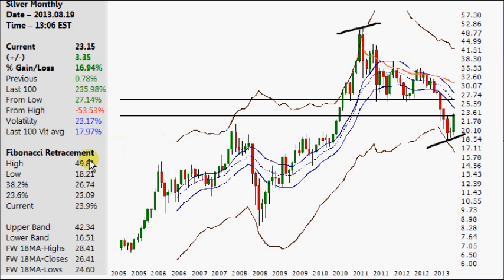I divide 4981 by 1821, which is well over 2, but under 3. And then I put that number to the power of the Fibonacci percent. So this is to the power of 0.236. This one here is to the power of 0.382. And then I multiply that level by the low again, which is 1821. So therefore, you get up to this significant level.